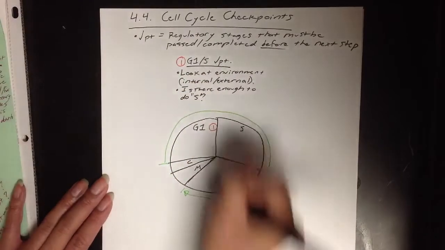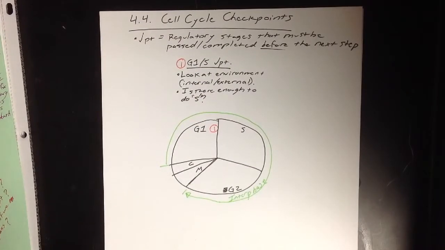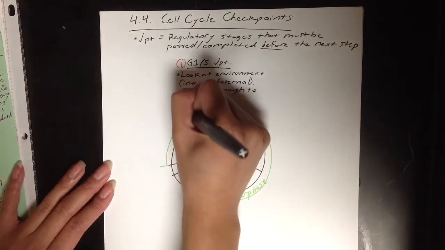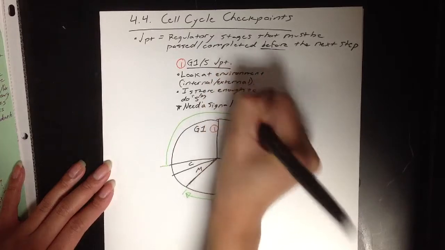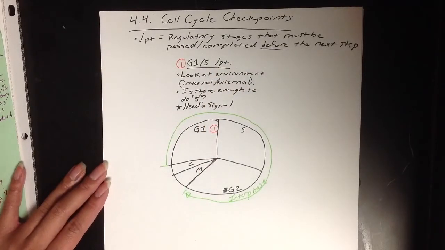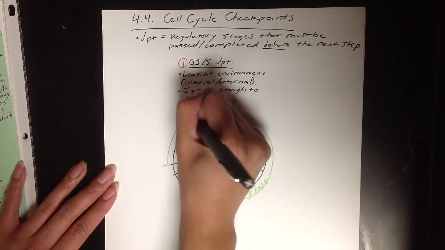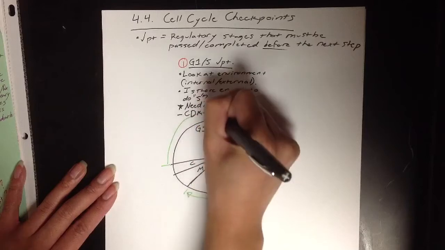Is there enough material to replicate our DNA? So basically what that means is that we're going to actually need a signal here. And one of the signals that we're going to need is known as a CDK. CDKs will need to be present.